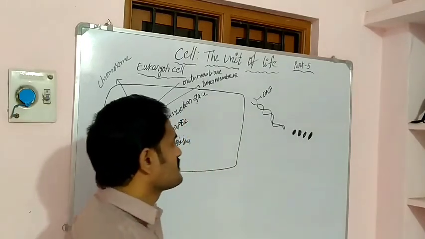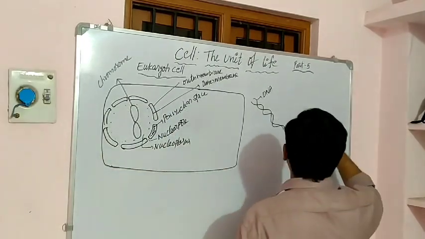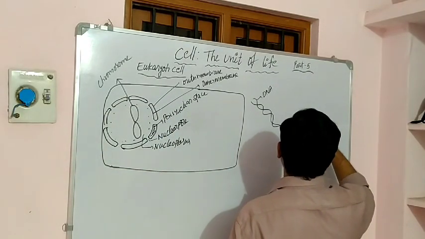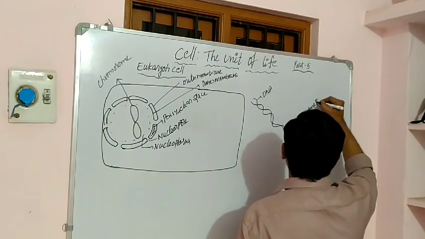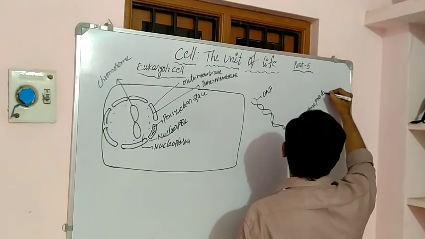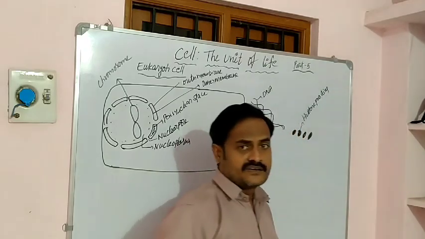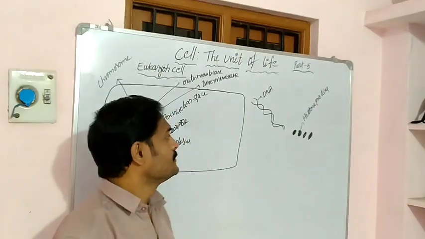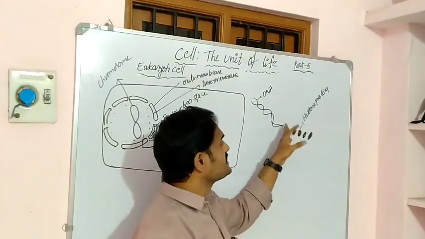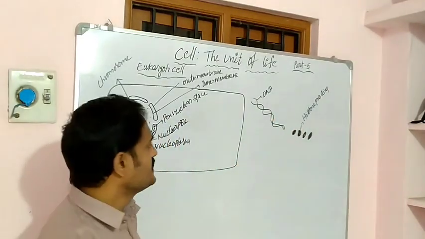These proteins are called histone proteins. Already we discussed that histone proteins are absent in the prokaryotic cell, but present in the eukaryotic cell.